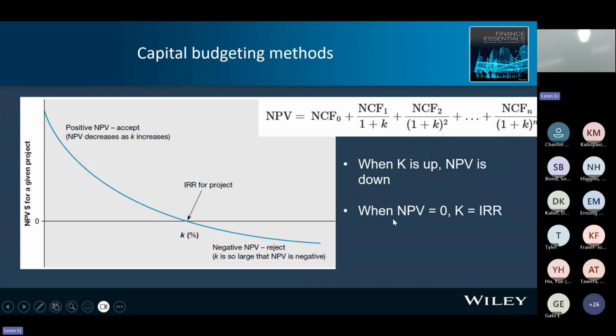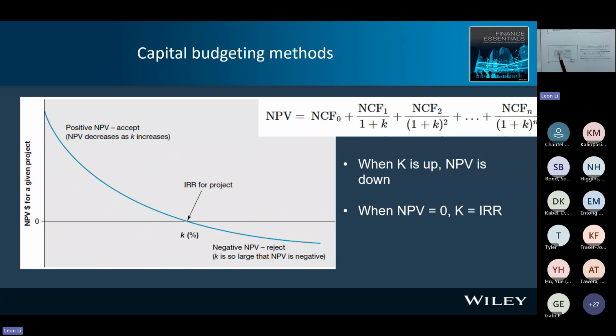Then let's consider a special case. When K is equal to IRR, this point, our NPV is 0, all right? So this point is IRR for the project, okay? And you can see NPV and IRR will give us the same result if our NPV curve look like this, all right? The conclusion is here.